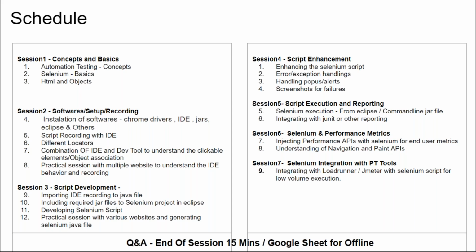Even there, Selenium is going to be required, which means as a performance tester we should at least know about Selenium and the way to create scripts, execute scripts, create a report, and get the performance metrics from these things. We should be a little bit comfortable about it.